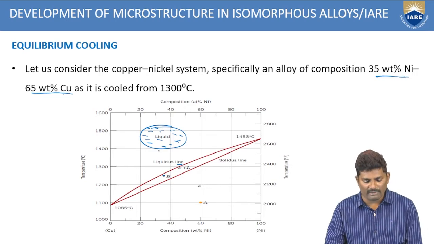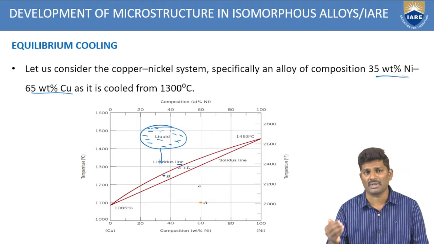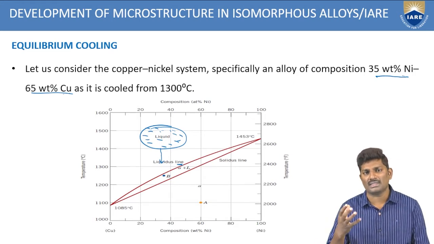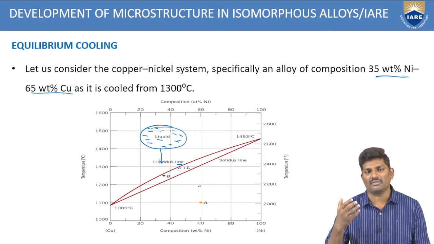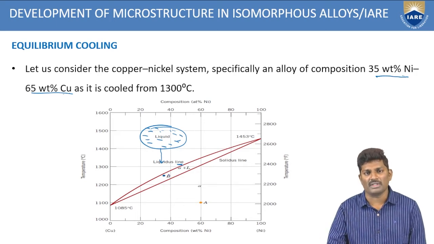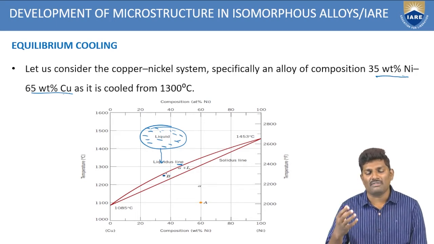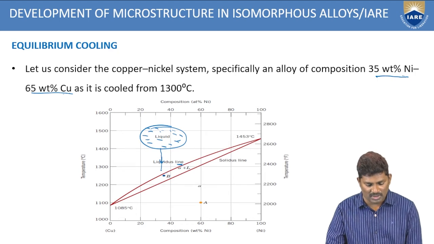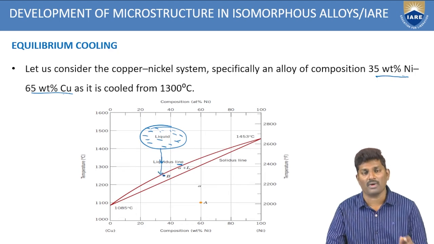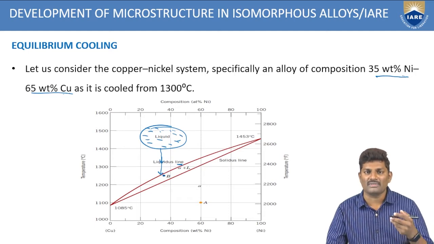Now slowly, when the temperature is being reduced, the system gets solidified. During this solidification process, depending upon the composition of nickel and copper, slowly the solidification starts. This is the solidus line. From this point, the liquid nature will be eliminated and the solidification will start.